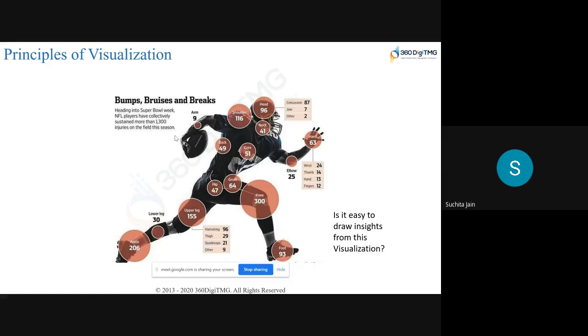It is very clearly shown that knees have got injured almost 300 times. Then second you can see is ankle. Then third is upper leg. Then I think it is shoulder, then your head, and then your foot. So what kind of decision can a company or a team make based on this graph?